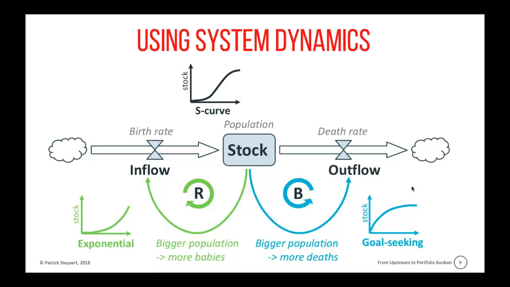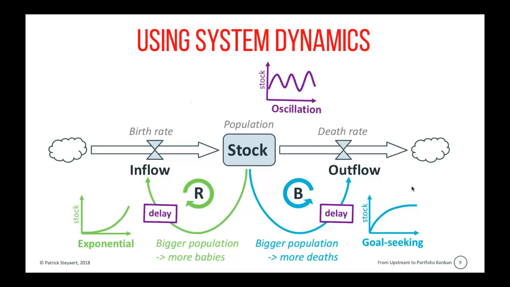Now, one important variation of this theme is when we have delays. Suppose that in this example, it takes a very long time before the babies are actually born. So suppose that we have a delay on the reinforcing loop. So it takes much longer than 9 months before the babies are actually born.